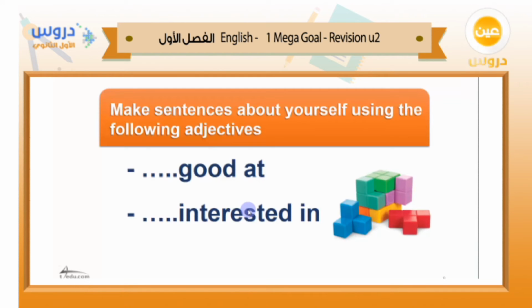And also I am interested in reading or watching documentary movies, for example. So you need to talk about yourself using these words. Good at, and mention the thing that you are good at and interested in, and also try to speak about it with details.